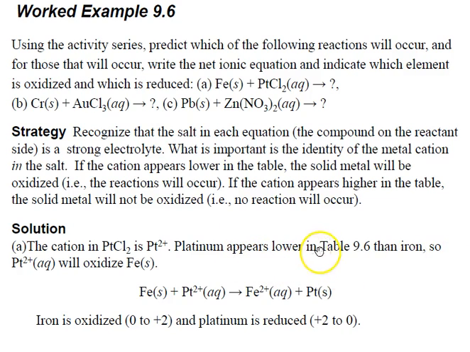So if it appears lower, and then look back at this statement, write this out in your notes if you haven't yet. So make sure you understand. If the cation appears lower in the table, then the solid metal will be oxidized. Therefore, in other words, the reaction will occur. So this will occur. What happens with this and how do we write it? Well, this is what we were given with the iron and the platinum chloride.